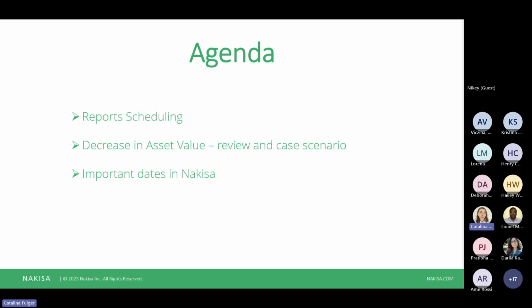And in the last part of today's session, we'll be going through important dates in Nakisa. This is in reflection of several questions that we had in the past period. We'll be going through these dates and we'll also be looking at examples.